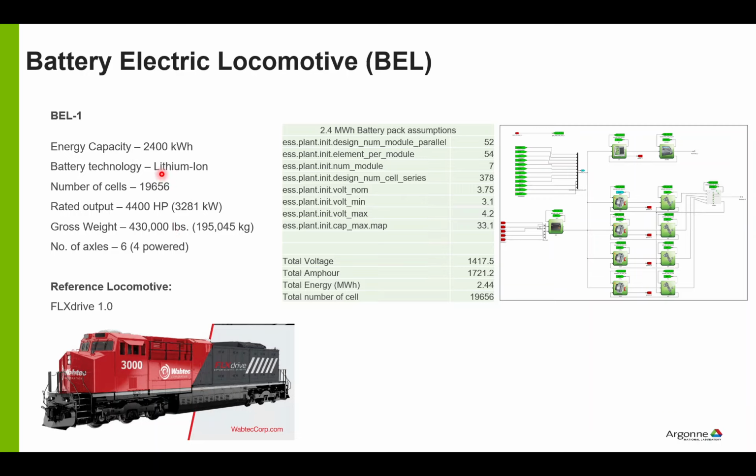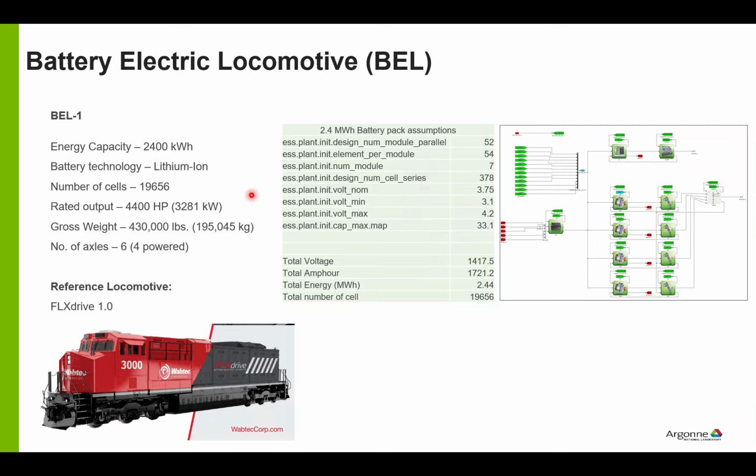Like we started with a battery capacity of 2400 kilowatt hour, and the actual configuration of cells in the Flex Drive locomotive is not in the public domain, so we had to make assumptions and create our own pack configuration, which you can see here: number of modules in parallel, number of cells in a module, and the number of modules and number of cells.